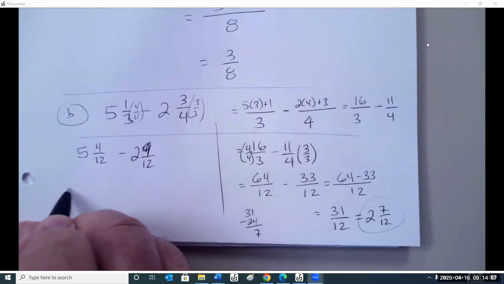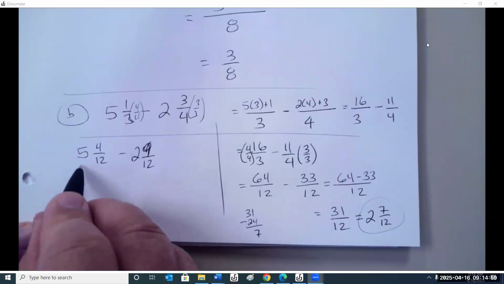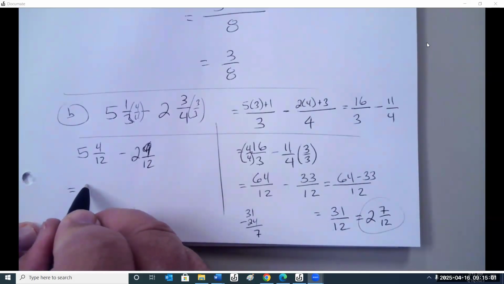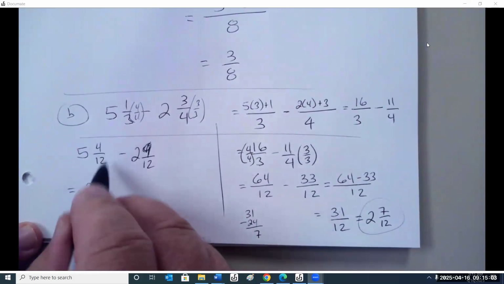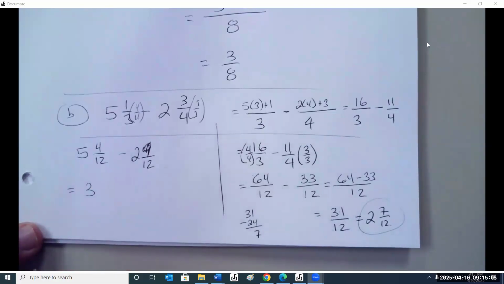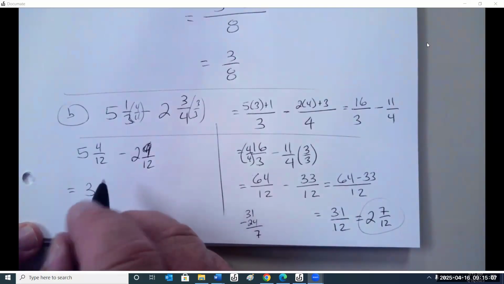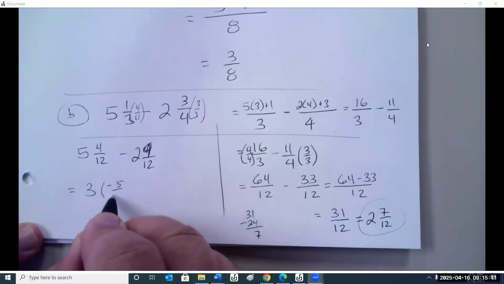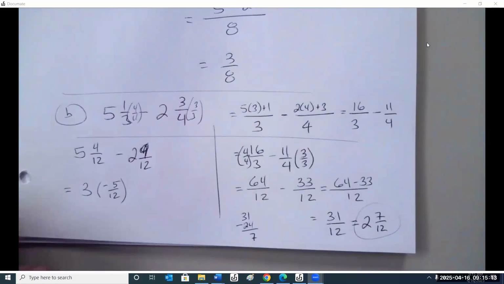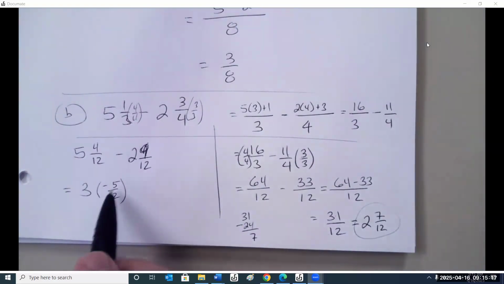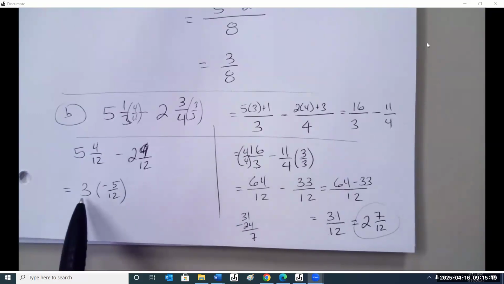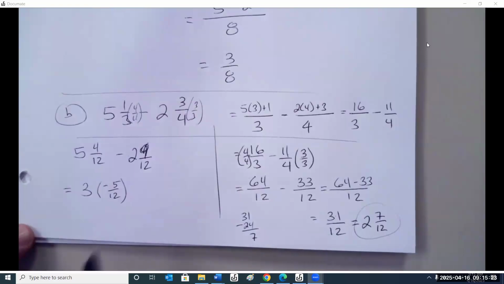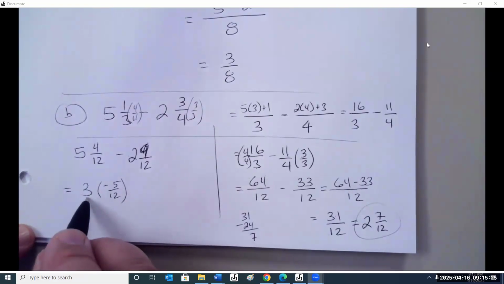Okay, well, so if we take the whole numbers, we get 5 minus 2 is what? Then we have 4/12 minus 9/12 is, yeah, but you can't have, can't be negative because this and this makes a negative. So what do we have to do? We have to take away, yeah.